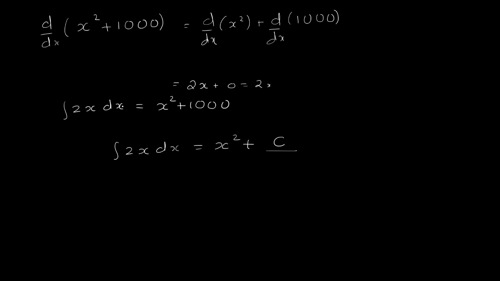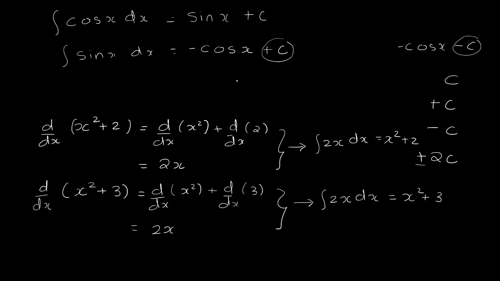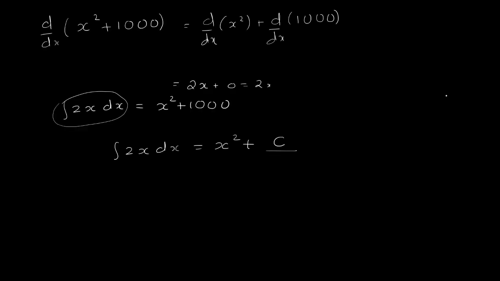If only the integral of 2x dx is given, you are not going to predict what can be there, 1000 or 3 or 2, we don't know that. So just to say that there is something and we don't know what it is, we write it as plus c. That's why this concept of plus c has come into the picture.